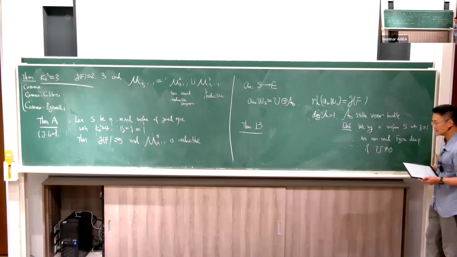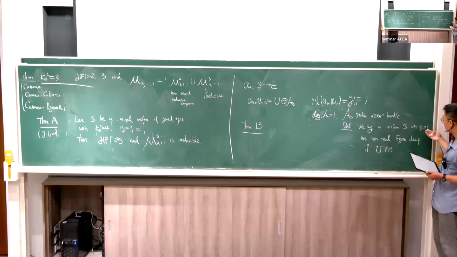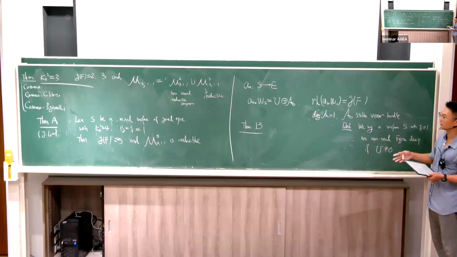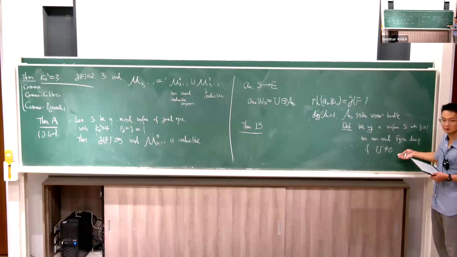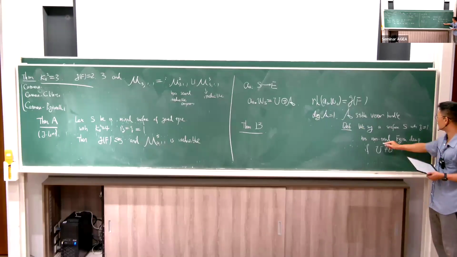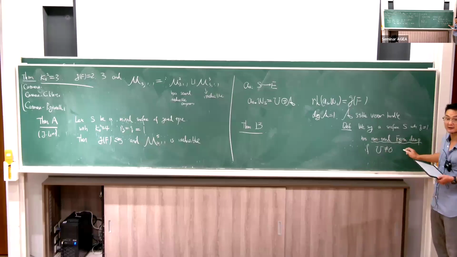Okay, so we expect for general surfaces the pushforward of the canonical bundle is ample, but it could happen that this U is non-zero. When U is non-zero, we say it has non-trivial Fujita decomposition.